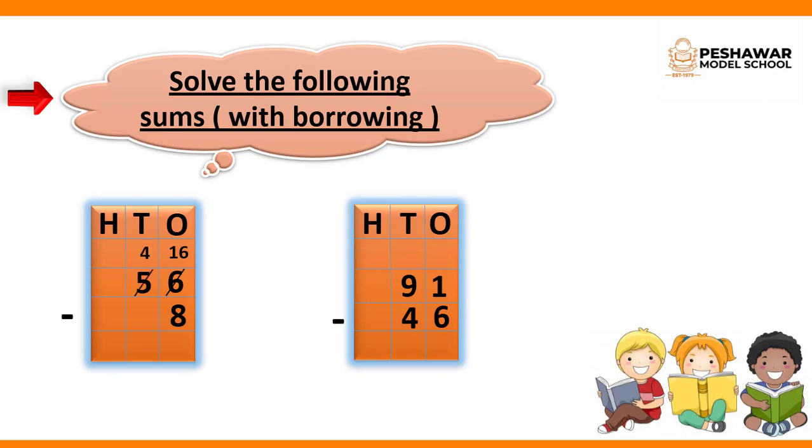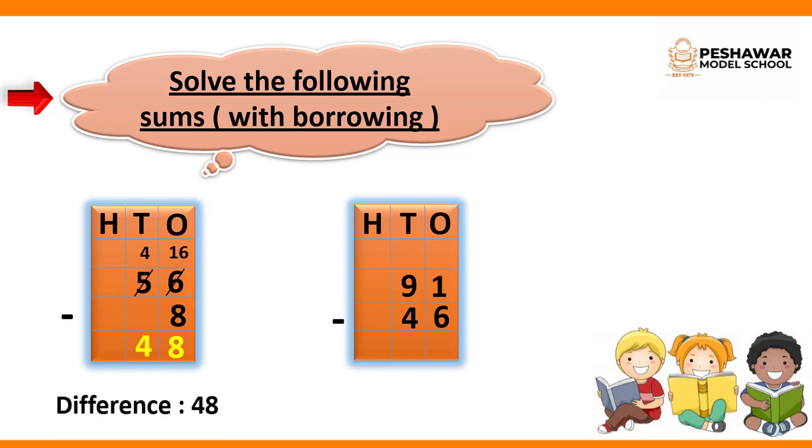Now we can subtract 8 from 16, so 16 minus 8 equals 8. Now let's move to the tens place. In the tens place we have only 4 tens, so this 4 tens comes down. So we get 48. That is, by subtracting 8 from 56 we get 48.